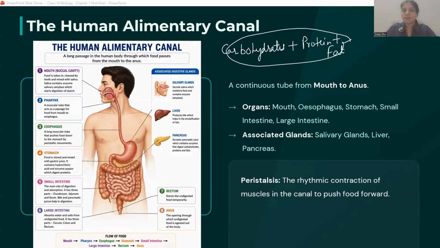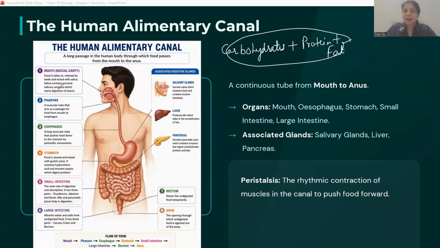This one diagram will explain everything. Let's start the story. The mouth is called the buccal cavity. There are teeth, which help chew the food taken in, mixing it with saliva.